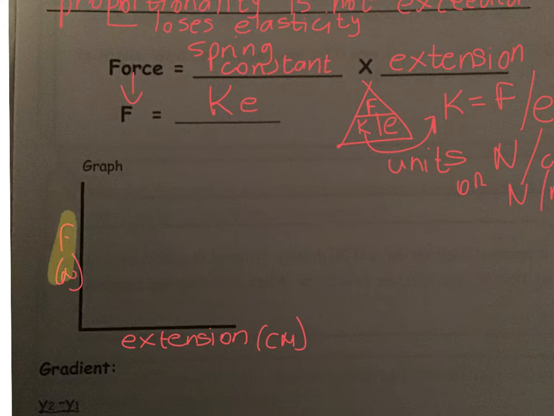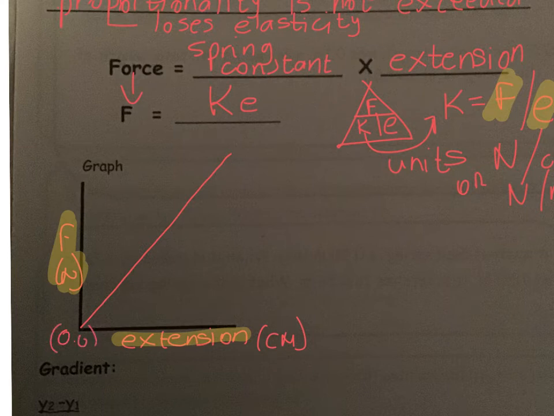We will always get this straight line from 0, 0, and the gradient is our constant k.